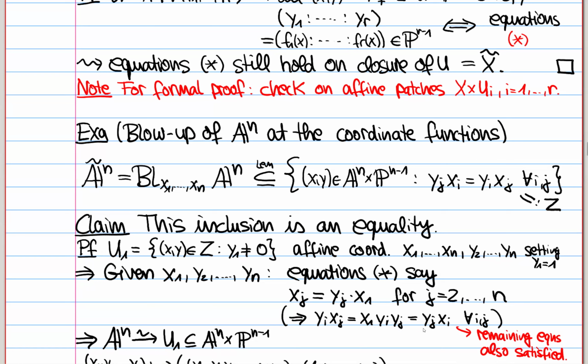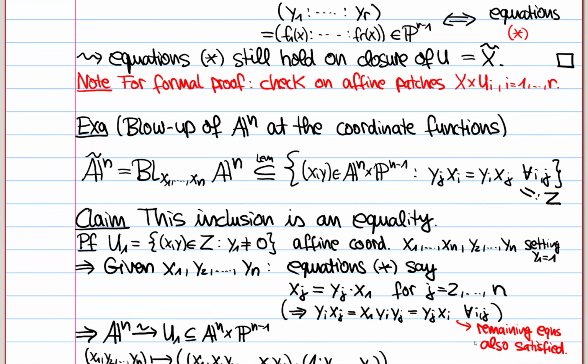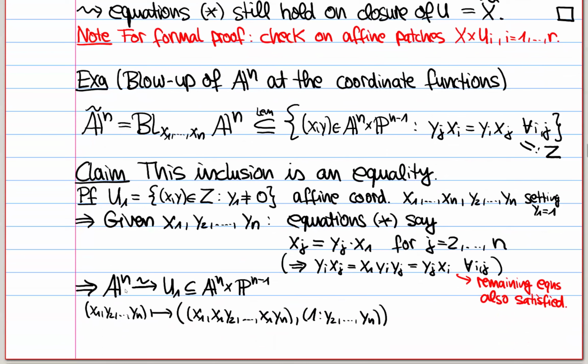So you see this also gives all the other equations, so the remaining equations are satisfied. And so this means that this map from A^n into this U_1, which sends these coordinates that we give ourselves to, well, the first coordinate we keep, and then x_2 is equal to x_1 times y_2, and so on, up to x_n, which is equal to x_1 times y_n, and we record the other coordinates y in the second factor.